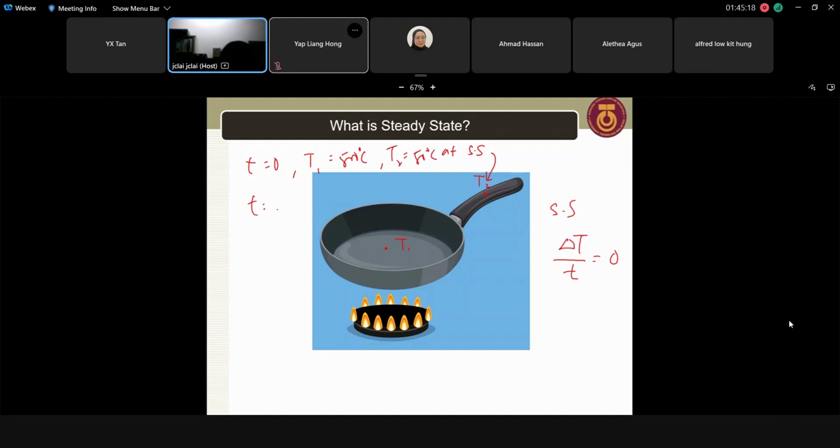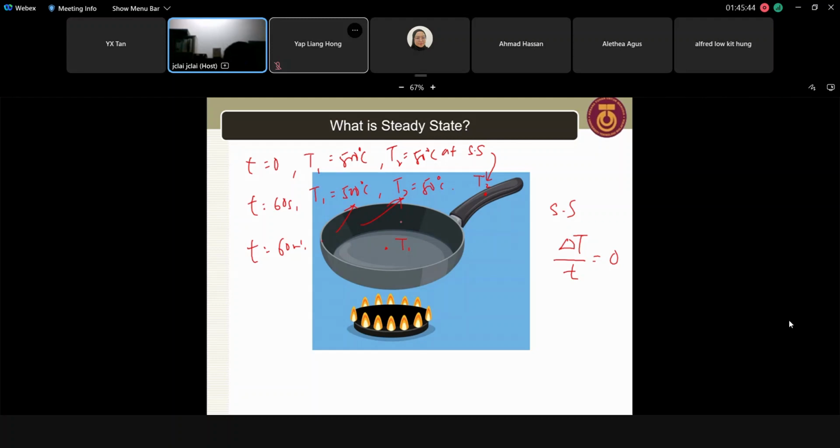After 1 minute, you record again, T1 still remains at 500 degrees Celsius and T2 still remains at 50 degrees Celsius. When t equals 60 minutes, 1 hour, you will still get the same result. If you get this, it means the system is at steady state.